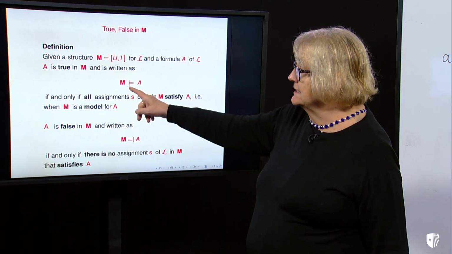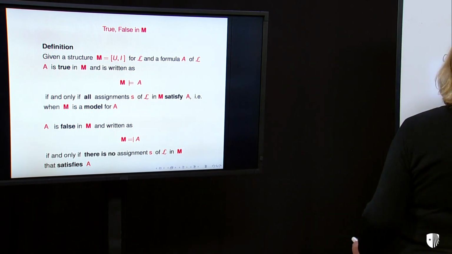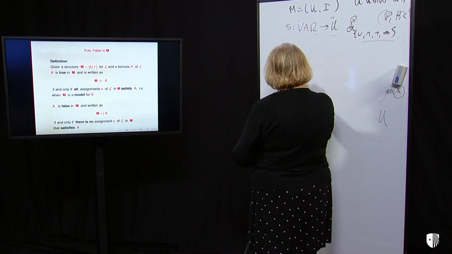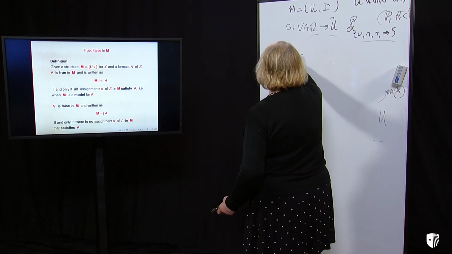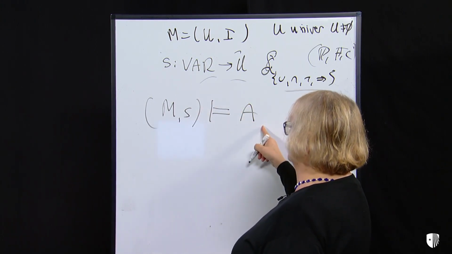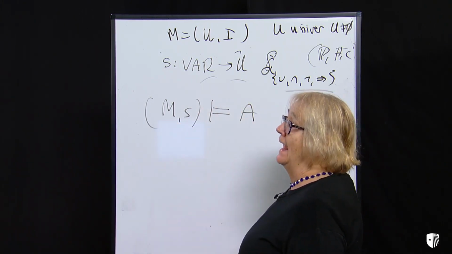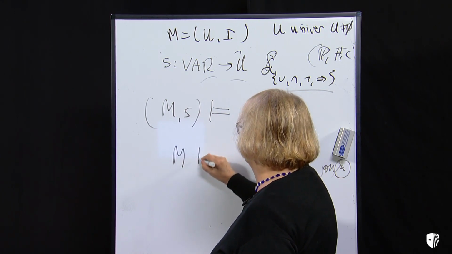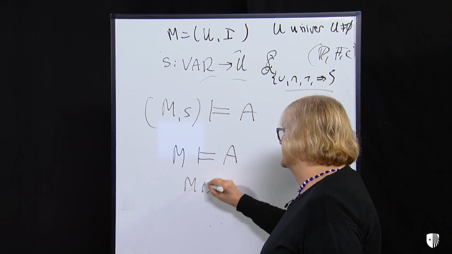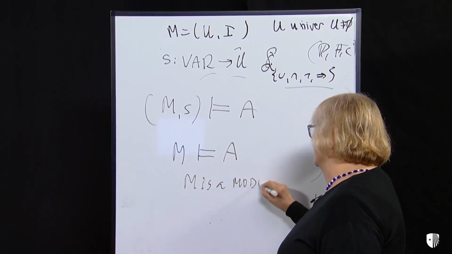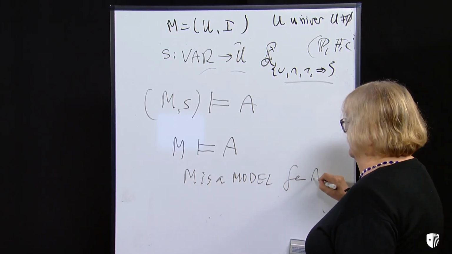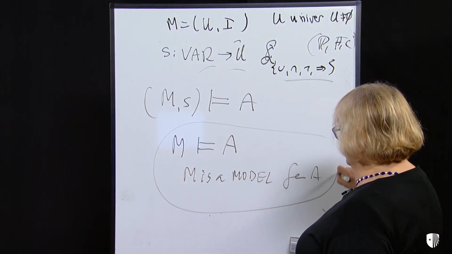So you see, it's okay. Let's write it like that, because we have M S satisfies A. We know what S satisfies A in M means, and now we have M satisfies A. So we say M is a model for A. What does it mean?